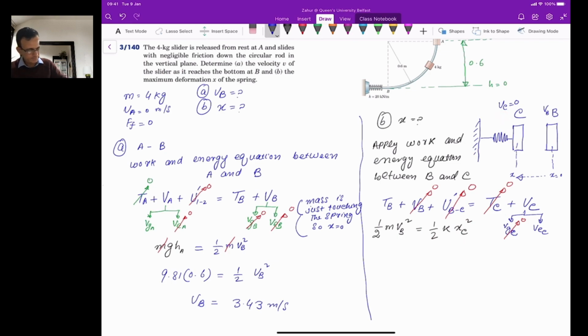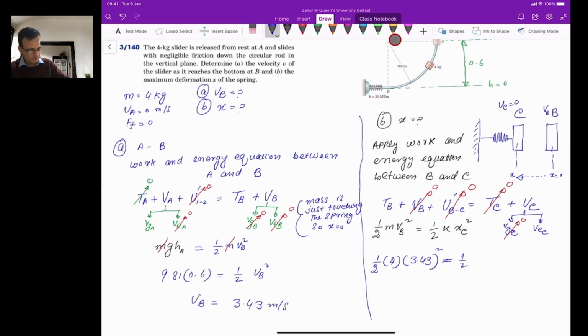And this xc is the maximum deformation in the spring, which we want to calculate. So if we put the values here, half m is 4, velocity at B that we calculated in the previous part A was 3.43 square, equal to half, and k of the spring is given, which is 20 kilonewton per meter.